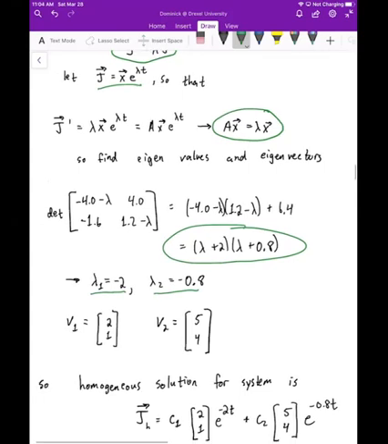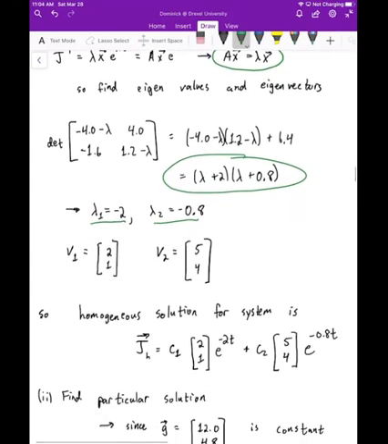Now for time's sake, I'm not going to go through and find the explicit eigenvectors. I'm going to assume that you know how to do that at this point, but you should verify that these are correct. Another thing I should mention is that your eigenvectors are only unique up to constant multiplication.